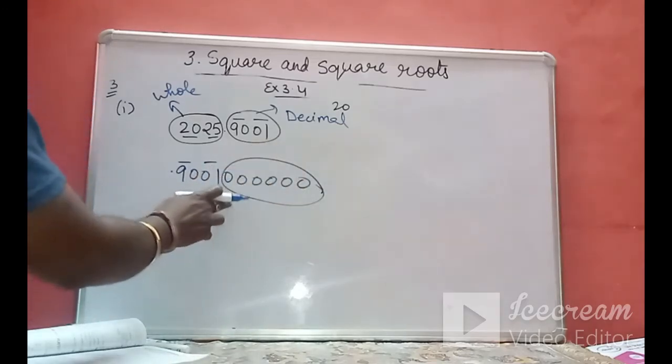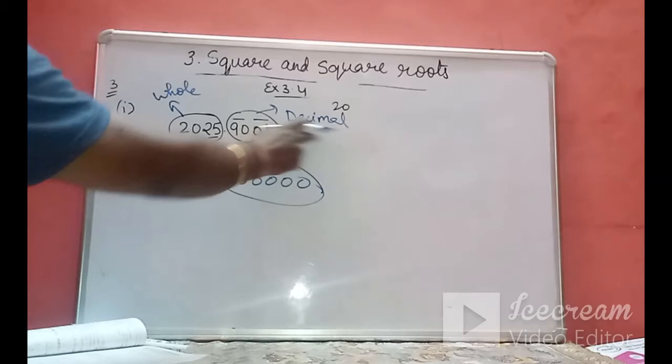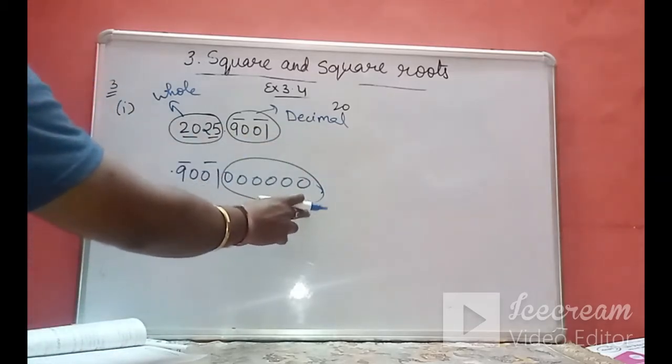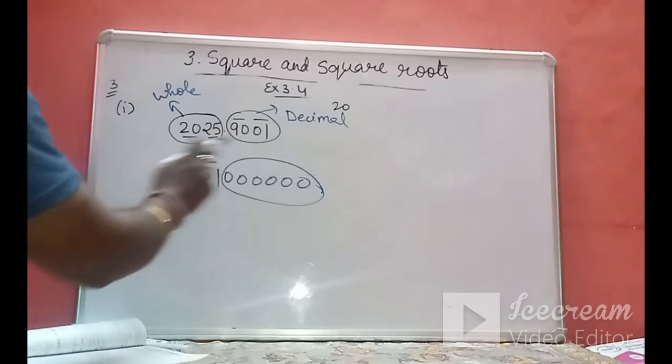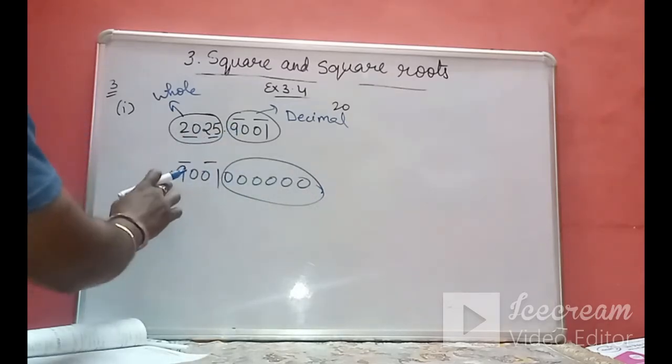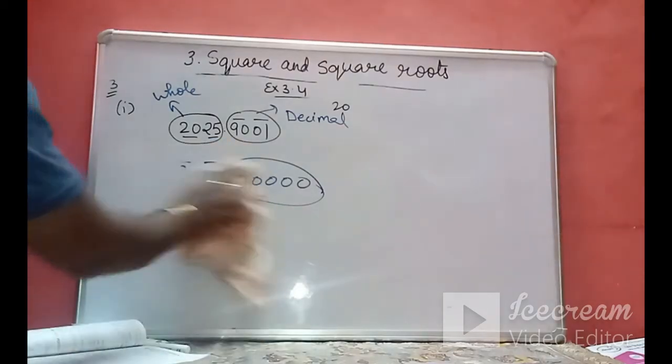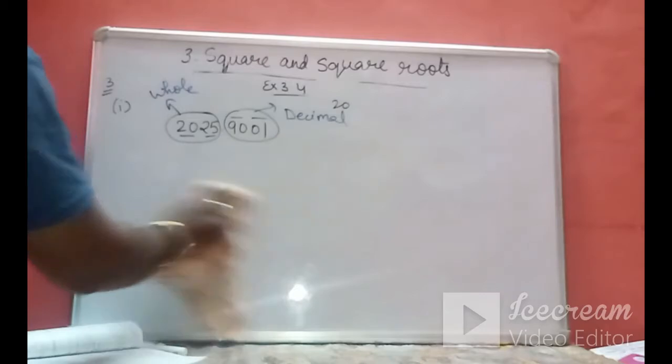So if we do not know how many zeros there are, it is not defined from where we have to start. That is why we always start after the decimal point in the case of decimal numbers. Understood? Like this we will find the square root of decimal numbers.